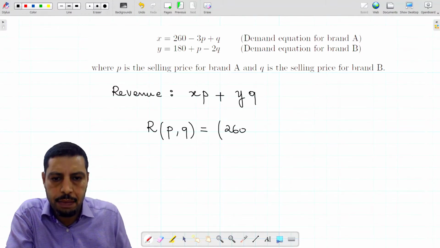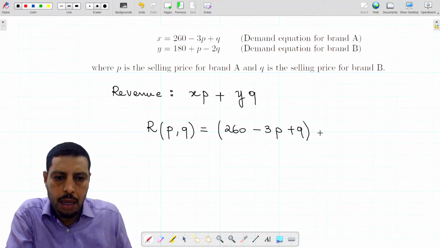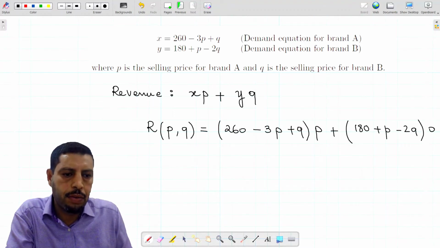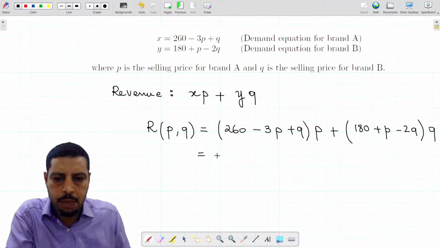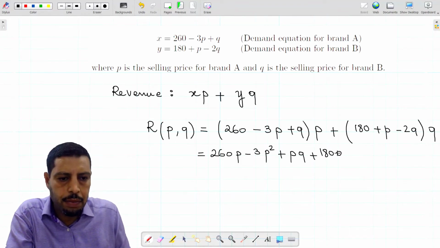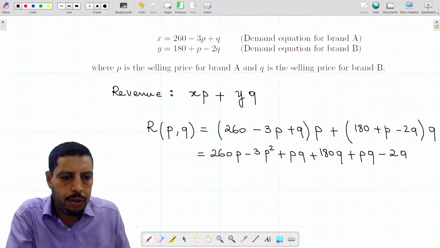So it's 260 minus 3P plus Q times P plus 180 plus P minus 2Q times Q. Now you expand this expression, you're going to find that it's 260P minus 3P squared plus PQ plus 180Q plus PQ again minus 2Q squared.